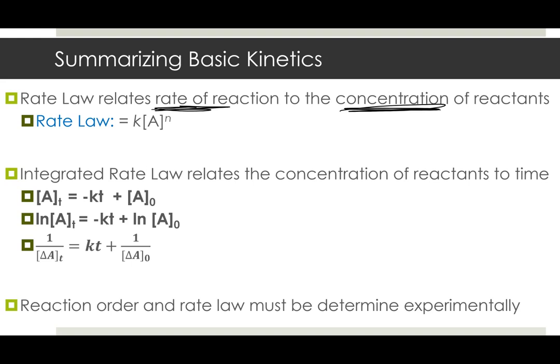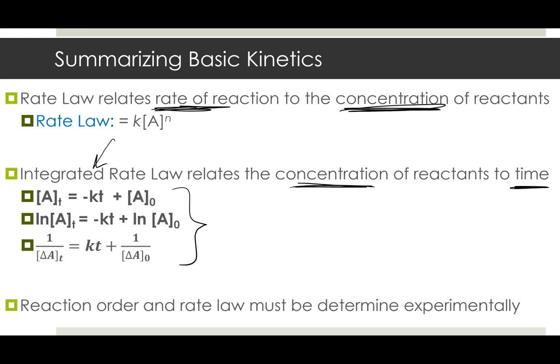If you want to look at concentration and the rate of decay, then you would use the rate law. If you wanted to look at concentration and time, so how long it is going to be around, that's when we would use the integrated rate law. Here are the 3 integrated rate laws that we know: zero order, first order, second order.